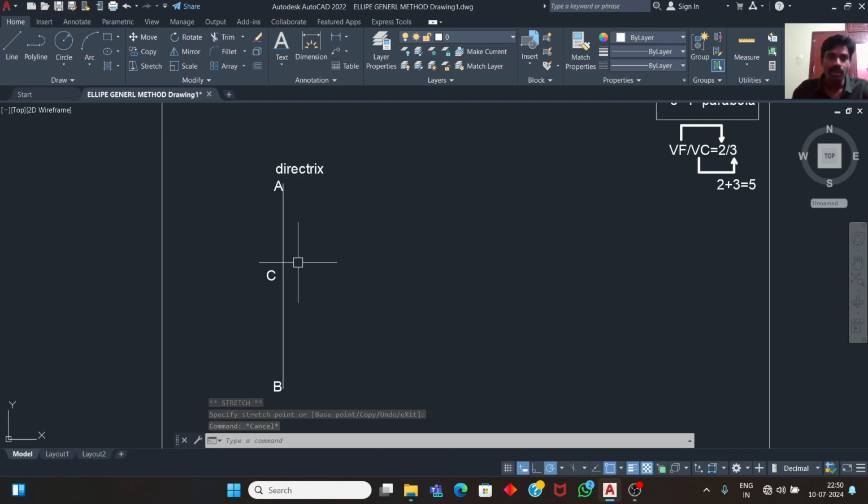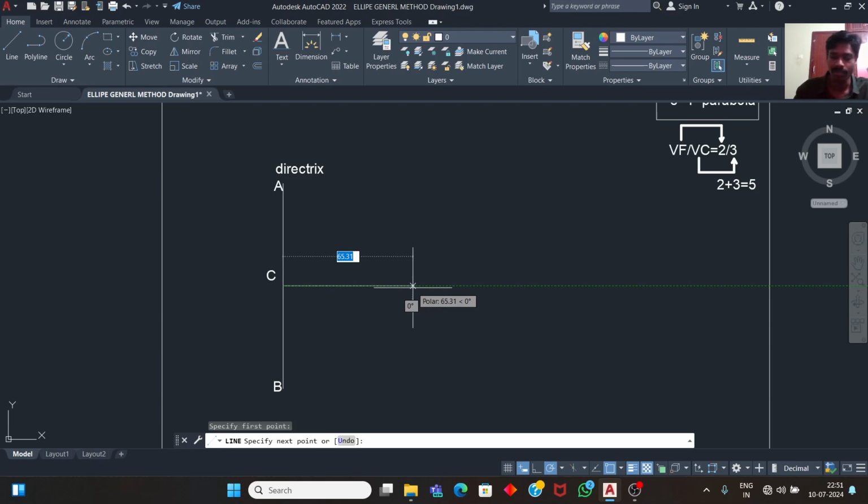So now we are going to locate the point focus. The distance is given, 50 mm. For that, take the line command again, and from the center of this directrix, the midpoint of this directrix, start the line and enter 50 mm.